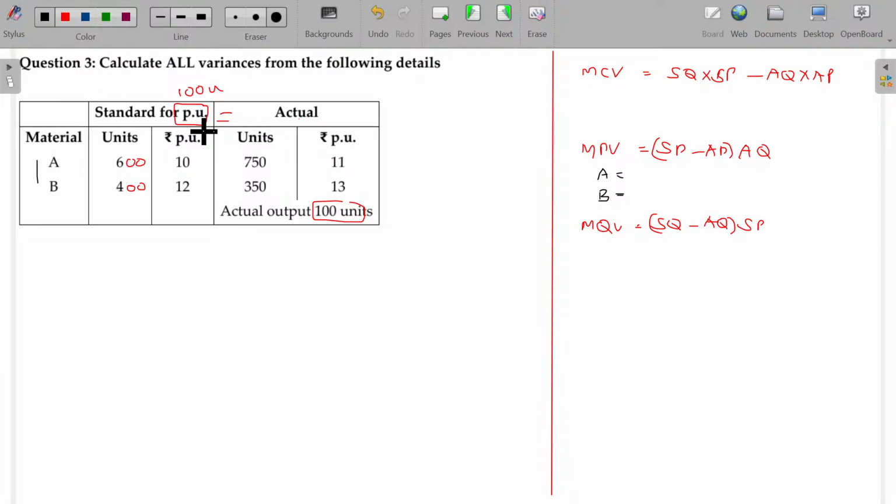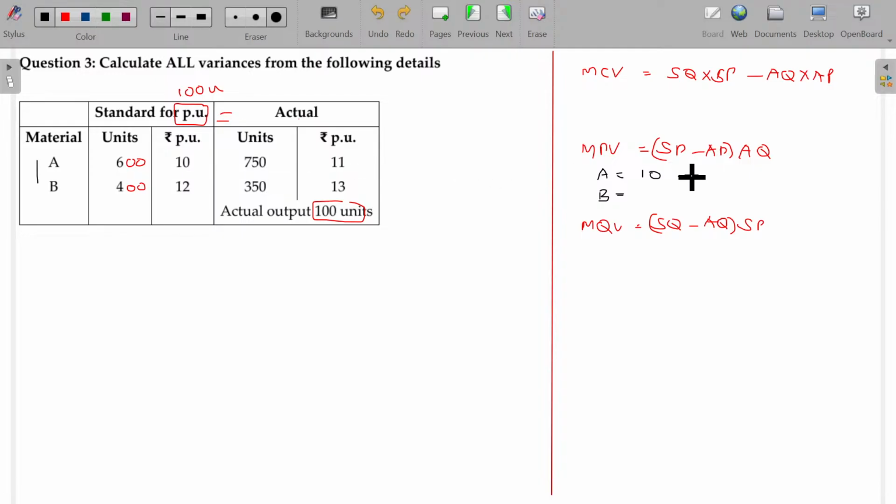For one output, 6 units of A and 4 units of B should be introduced. For 100 times the same commodity, that much will be given as input. So 600 and 400.